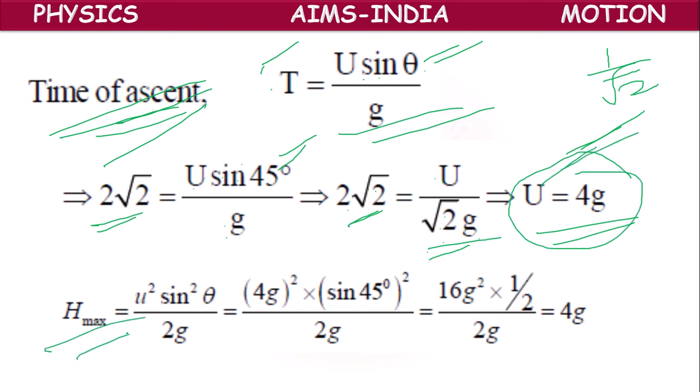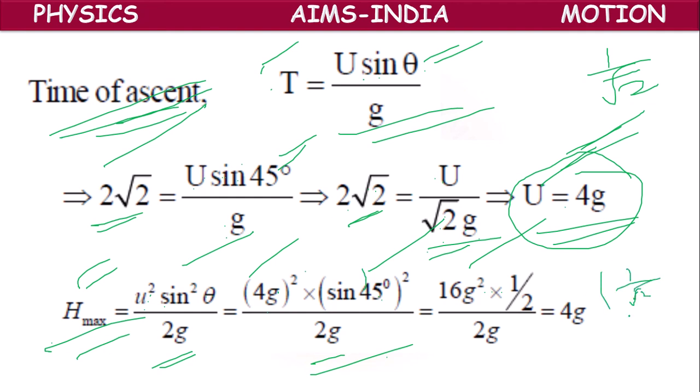Now H max. What is the maximum height? H max formula is u square sin square theta by 2g, where u value is 4g and theta value is 45 degrees. 4g whole square means 16g square into sin 45 degrees, 1 by √2 whole square, which is equal to 1 by 2. 16g square into 1 by 2 by 2g equals, g cancels. 2 eights are 16, 2 fours are 8.